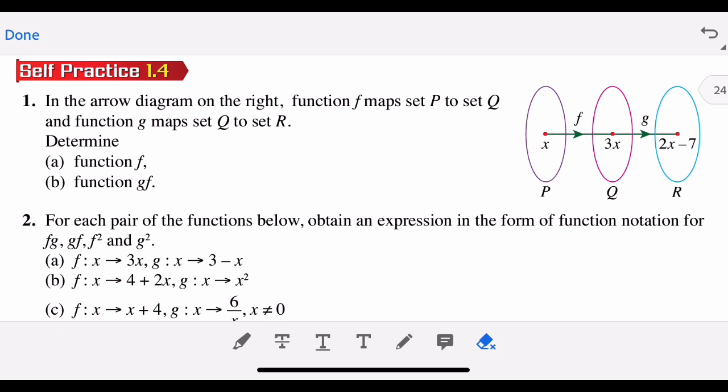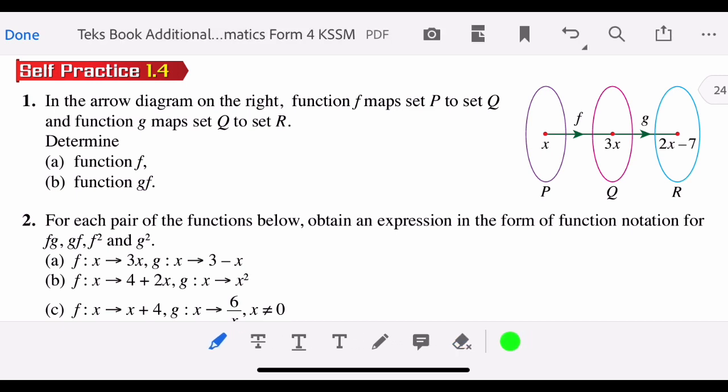For today's video teaching lesson, I will discuss self-practice 1.4. In the arrow diagram on the right, function f maps set p to set q, right? Okay, f.